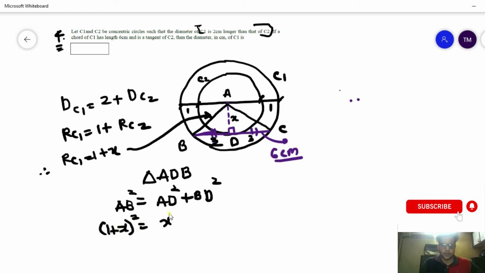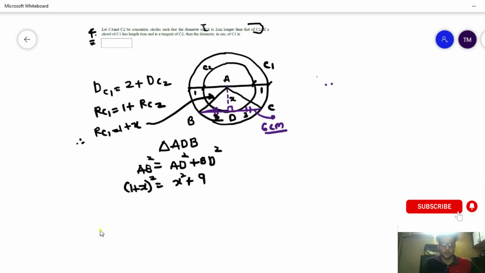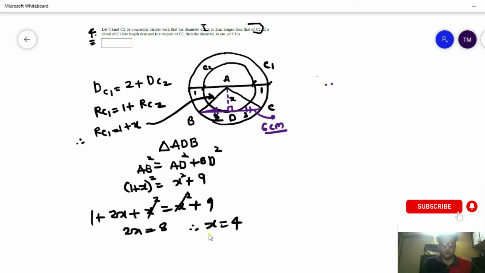What is AD? x square. And what is BD? It is 3 square, that is 9. Now if you solve this equation, what will you get? 1 plus 2x plus x square is equal to x square plus 9. x square gone. 2x is equal to 8. x is equal to 4.